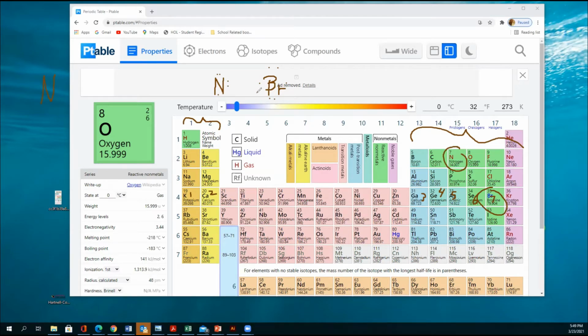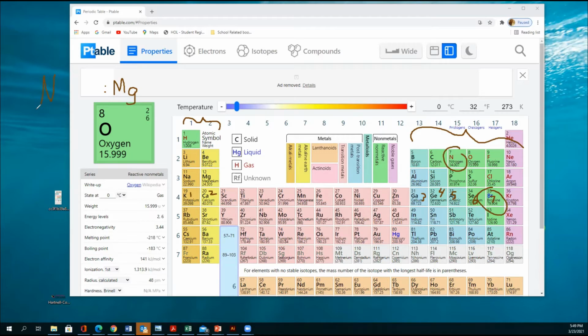Pretty simple, not too hard. Manganese has how many valence electrons? I'm sorry, not manganese, magnesium. Magnesium has 2. Okay, so that's feeling pretty good, right?